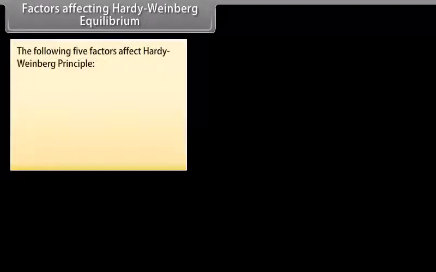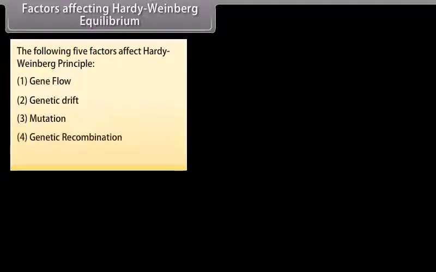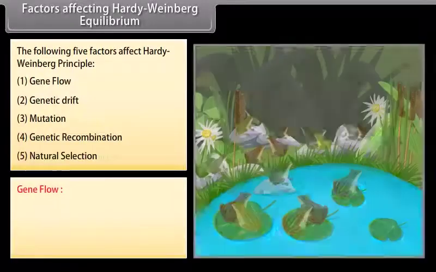Factors affecting Hardy-Weinberg equilibrium. The following 5 factors affect Hardy-Weinberg principle. Number 1. Gene flow. Number 2. Genetic drift. Number 3. Mutation. Number 4. Genetic recombination. Number 5. Natural selection. Gene flow.